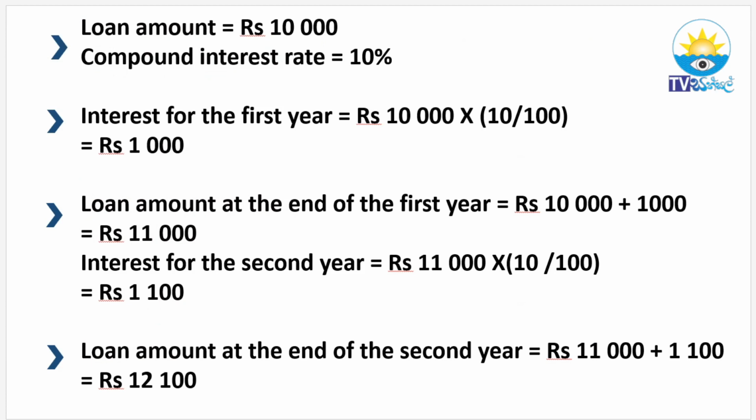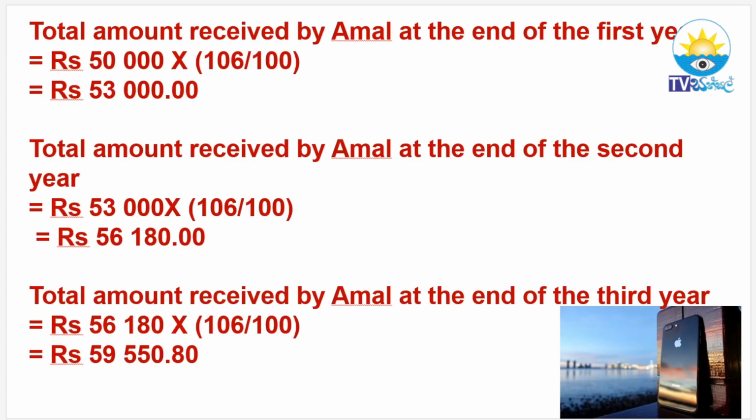We have calculated first the interest, and you can add that for the second year amount. But we have calculated in this step directly that 50,000 multiplied by 106 over 100.